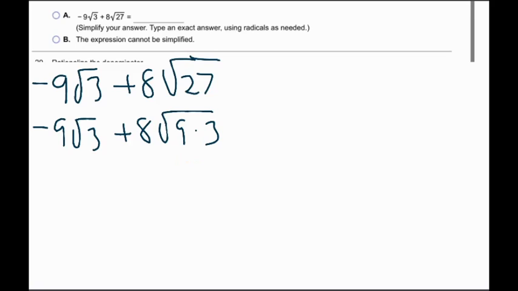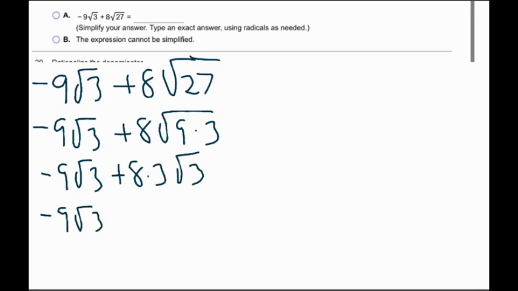So this is going to be rewritten as negative 9 square roots of 3 plus 8 times 3 square roots of 3. This will simplify down to negative 9 square roots of 3 plus 24 square roots of 3.